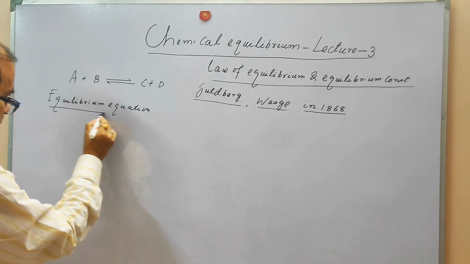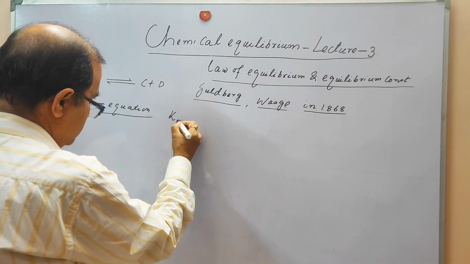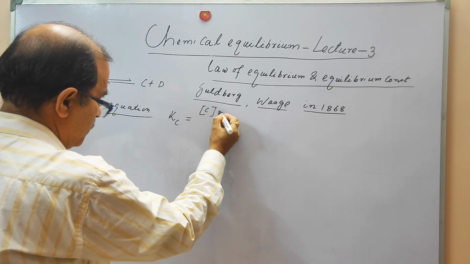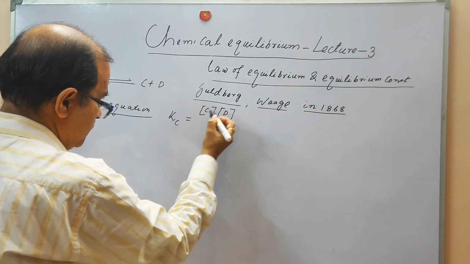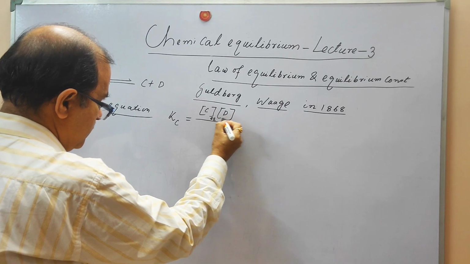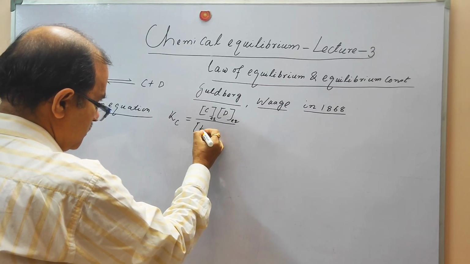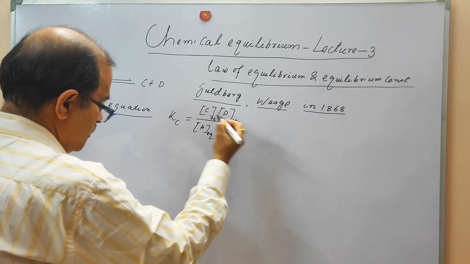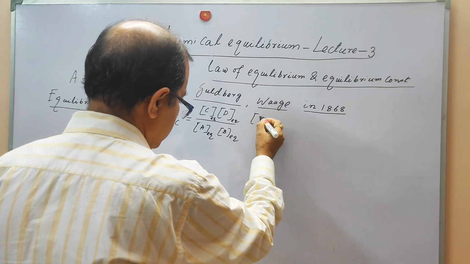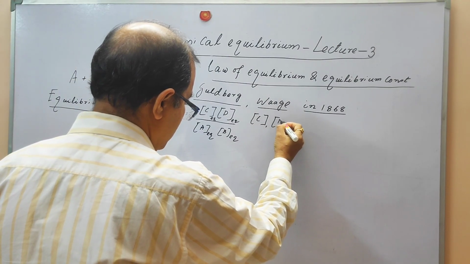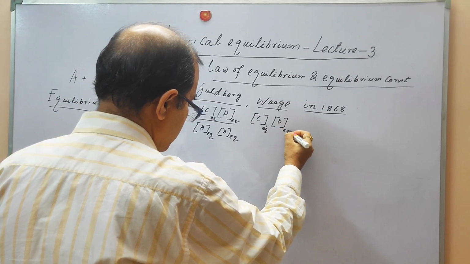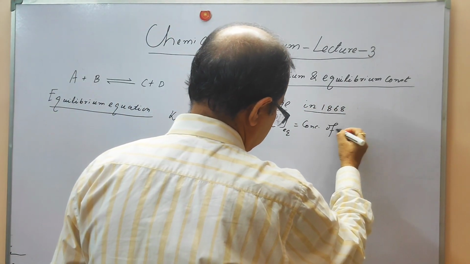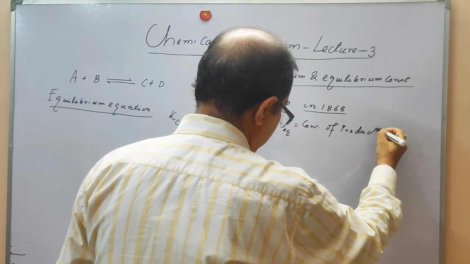This relationship is like this: this is the equilibrium constant, and it is related to the concentration of the products, that is C and D in square brackets. Here the square brackets around C and D denote the concentration of the product at the time of equilibrium.